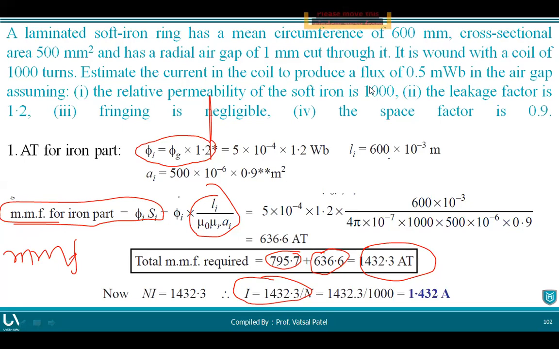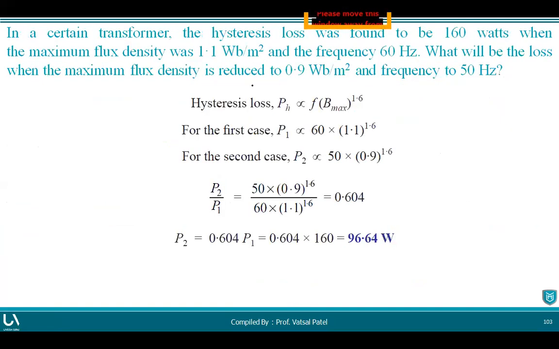Okay, so now if we go ahead, this is an example based on the hysteresis loss component we discussed.